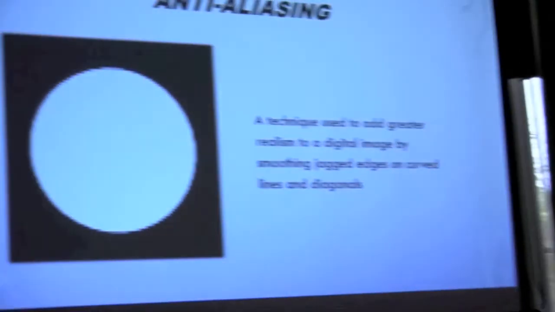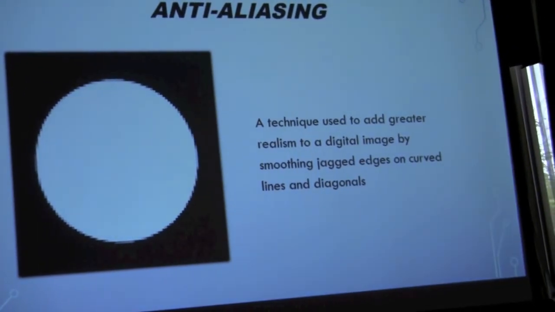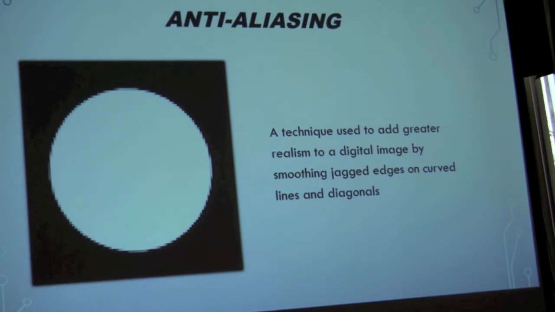To take it even one step further, does anybody here know what anti-aliasing is? Okay, you will today. Anti-aliasing is a technique used to add greater realism to a digital image by smoothing jagged edges on a curved surface. You'll see this feature on some of the top-of-the-line DLP 3D printers. It turns on a pixel completely, but doesn't make it completely bright white.